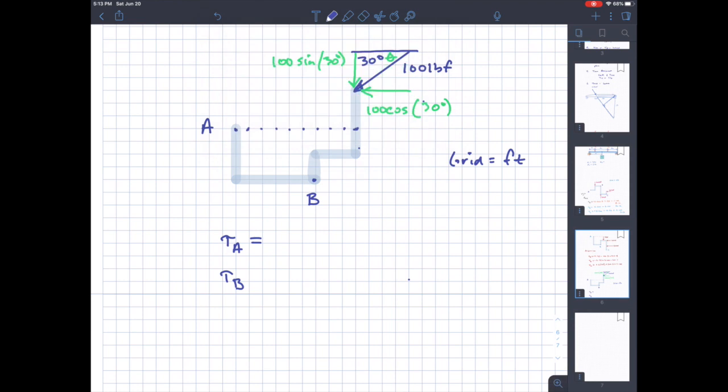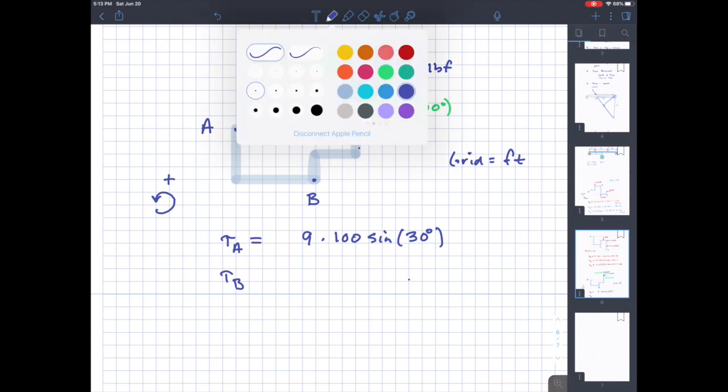So that would be 9 times 100 times the sine of 30 degrees, because that's the vertical component. Then we ask ourselves, is this rotating clockwise or counterclockwise? Remember, the way we are trying to consistently do this is that counterclockwise rotations get the positive sign. If that's working down, that would push this into a clockwise direction, so we would need a minus sign here.